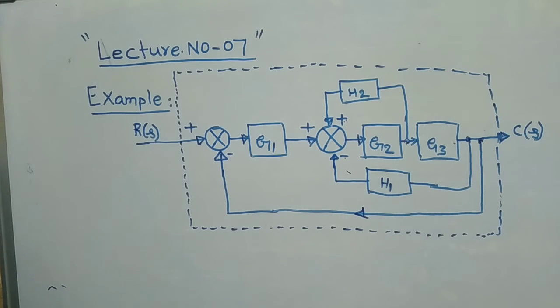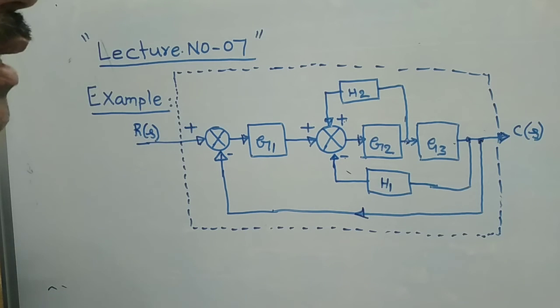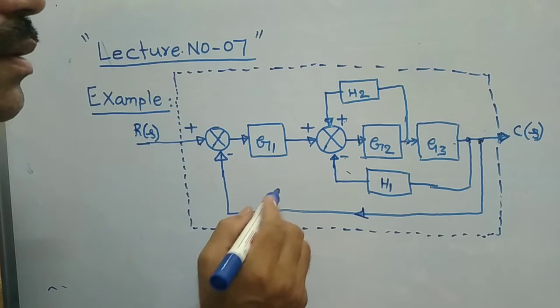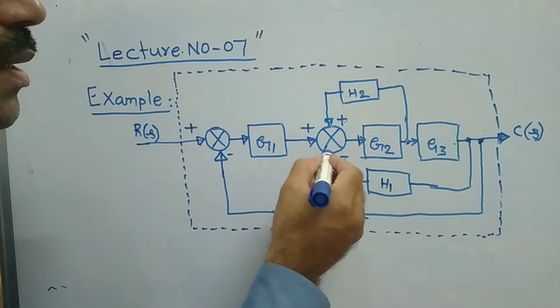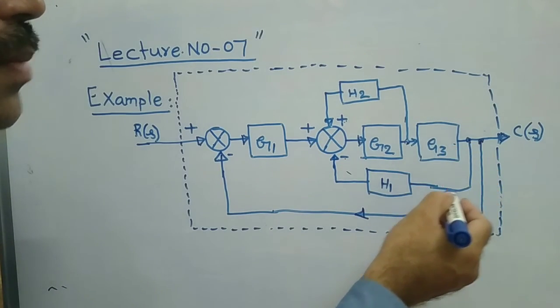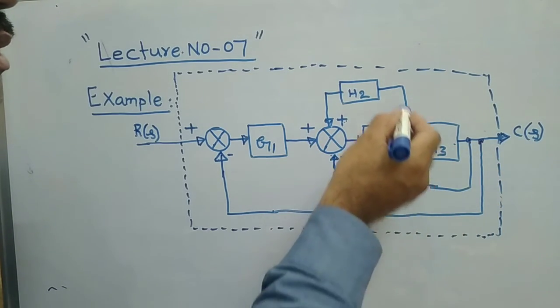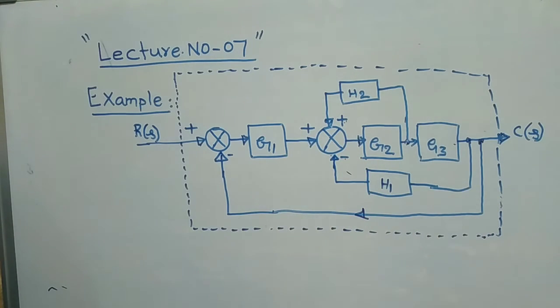Now what shall I do? Very clearly see this. If you are able to see here, this is a summing point. For this summing point, these two feedback loops, this is one loop, this is another loop, two feedback loops are given to a single summing point.